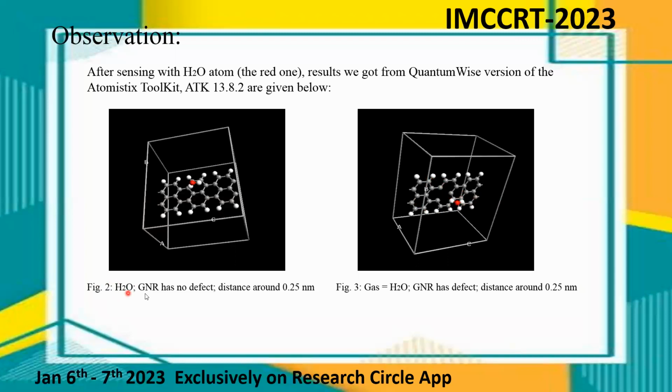Figure 2, when the GNR, the graphene, has no defect, the distance of graphene and H2O molecule is around 0.25 nanometer, and in this figure, the distance of H2O and the graphene is also 0.25 nanometer, but graphene has defect. We have observed this result from Virtual Nanolab, actually.